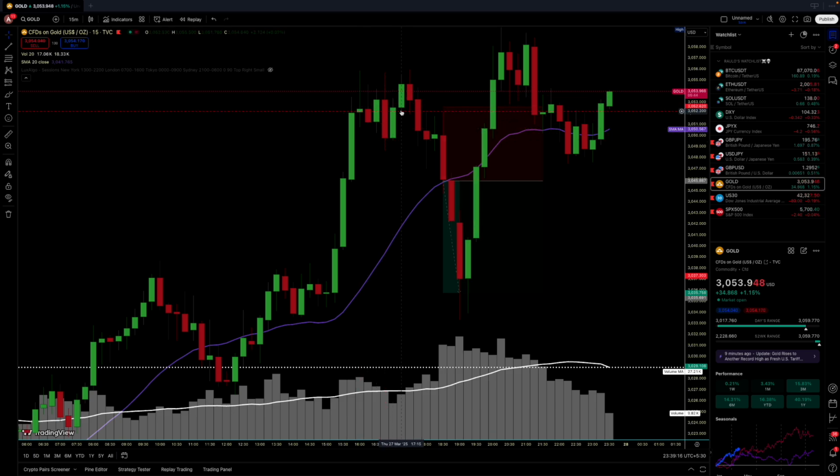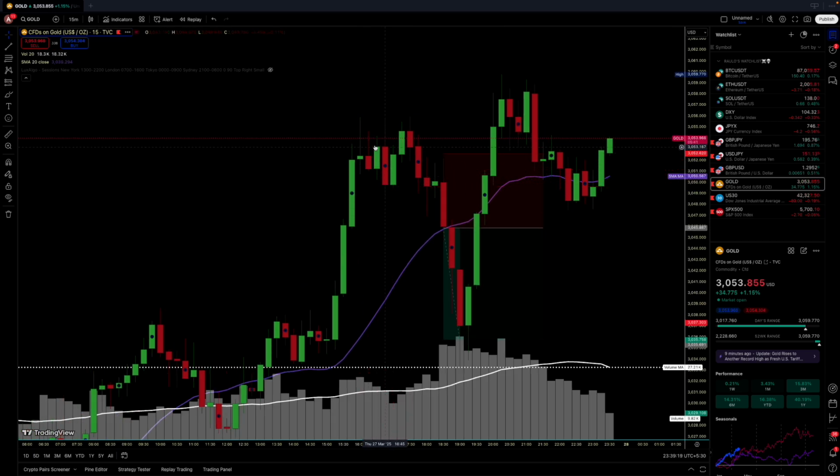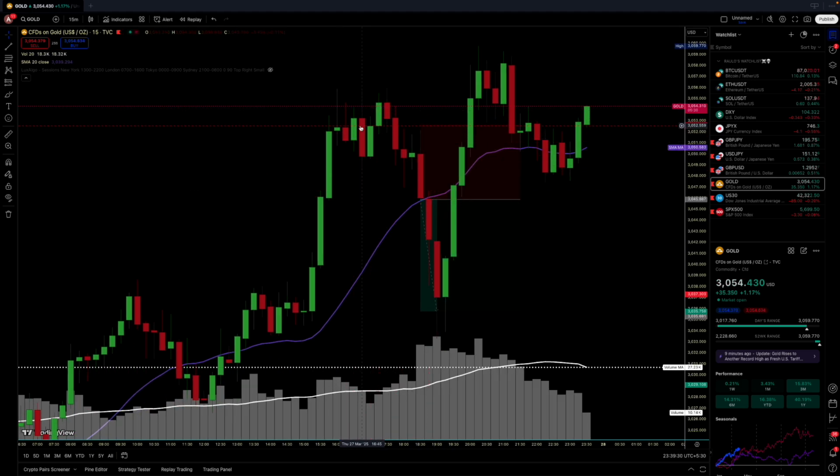In this consolidation we anticipated the price to make new all-time highs, because gold was at the level of making all-time highs, and today it was around here.